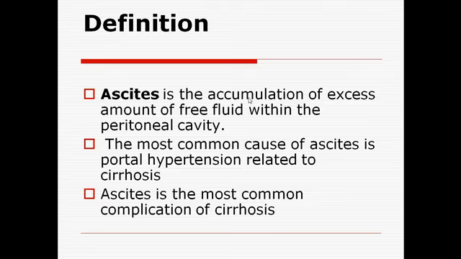You have to tell 3 to 4 causes of ascites, keeping your mind on CLD. Look, the most common cause of ascites is portal hypertension related to cirrhosis. Ascites is the most common complication of cirrhosis.